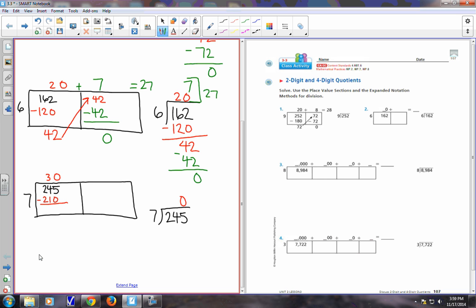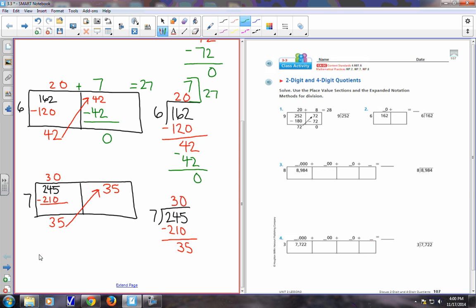So we're going to subtract. If I'm doing it in expanded notation, I'm going to do the same thing. Move that 35 to the top. And I'm going to go ahead and do it with my ones.